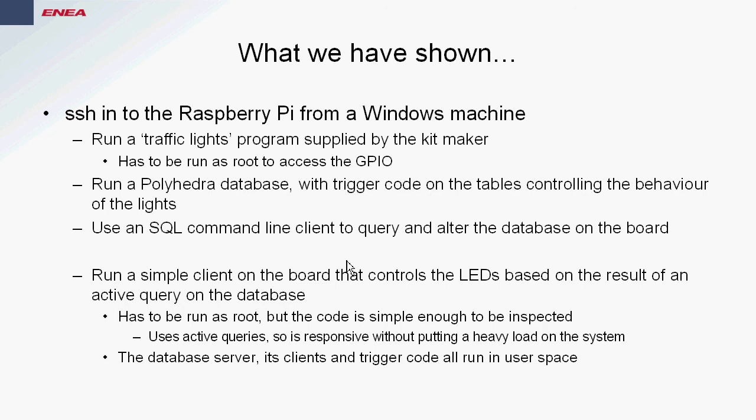The database server and its clients and all the trigger code attached to the database all run in user space, and you're not trusting that much that is running inside the superuser space. It's a good idea to minimize the amount of code that is running inside the superuser space in any system, because the privileges they have are godlike.